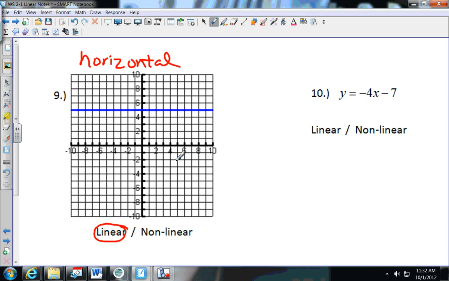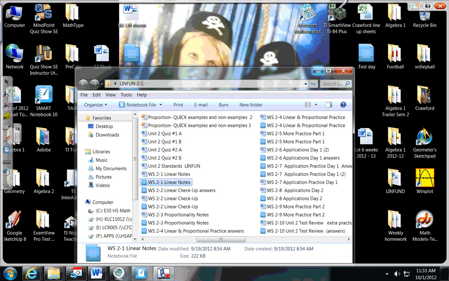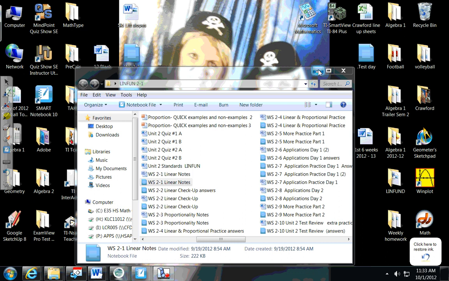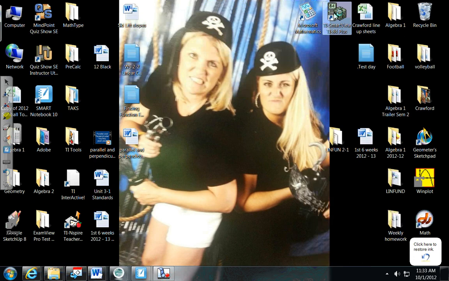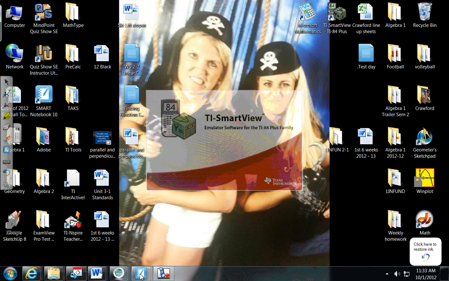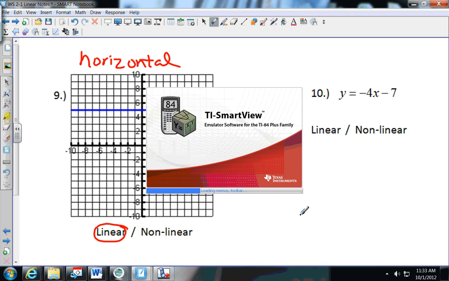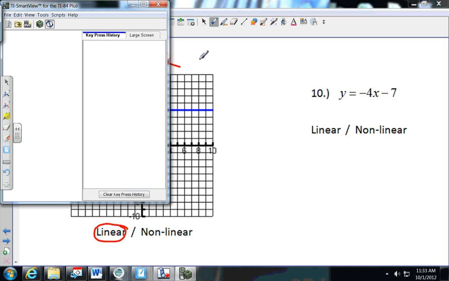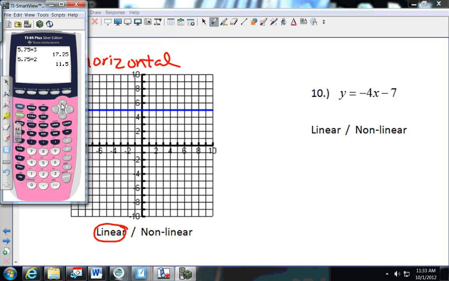Now, what about this next one? I don't know about this one with an equation, but we do have our handy dandy calculator. So let's go in here and go to our calculator. Go to y equals.